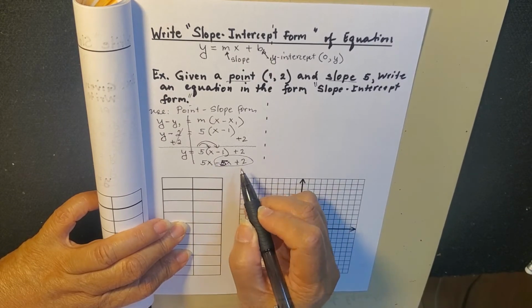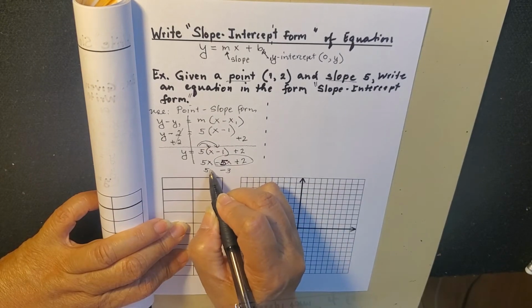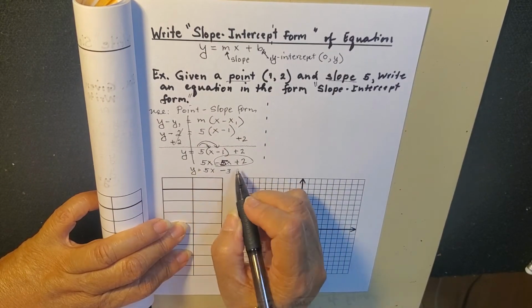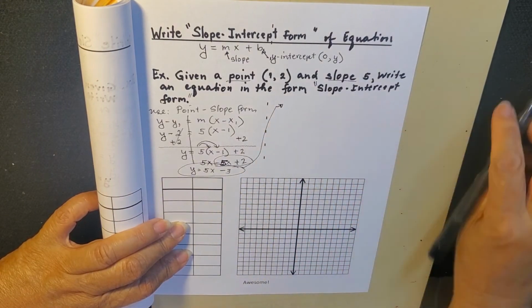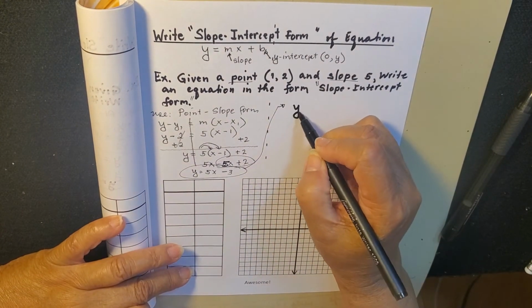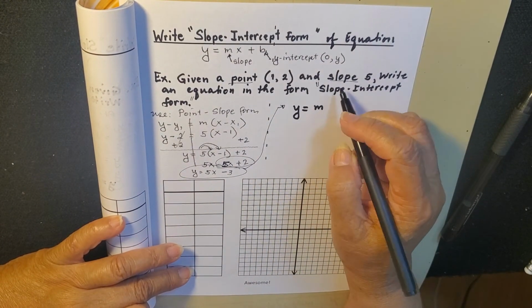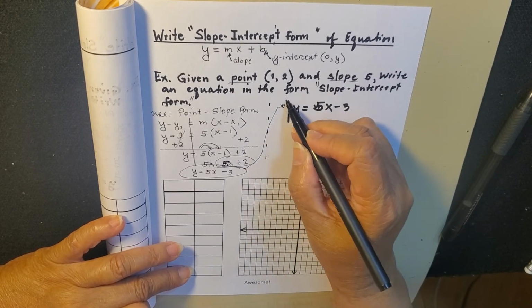Negative 5 plus 2 is negative 3. So this is my answer. I will write the answer here so you will see it clearly. My final answer now is y equals 5x minus 3.